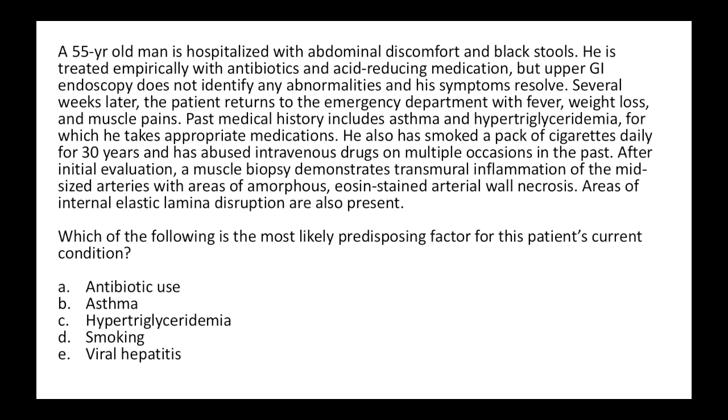He also has smoked a pack of cigarettes daily for 30 years and has abused intravenous drugs on multiple occasions in the past. After initial evaluation, a muscle biopsy demonstrates transmural inflammation of the mid-sized arteries with areas of amorphous eosin-stained arterial wall necrosis. Areas of internal elastic lamina disruption are also present. Which of the following is the most likely predisposing factor for this patient's current condition?